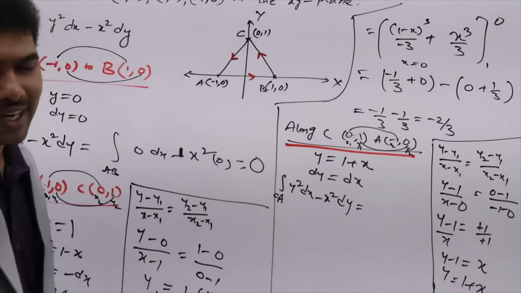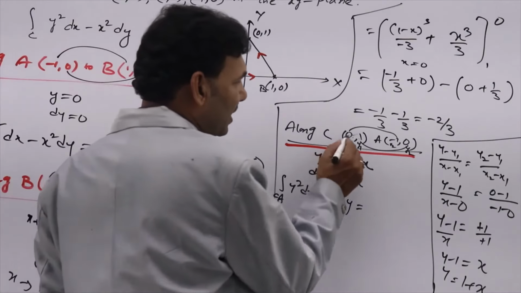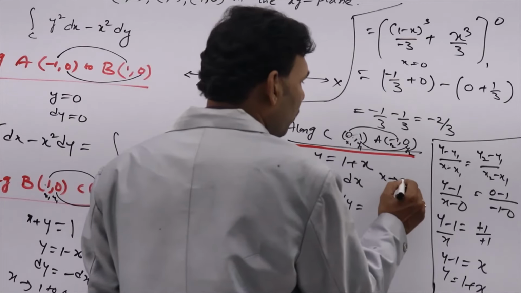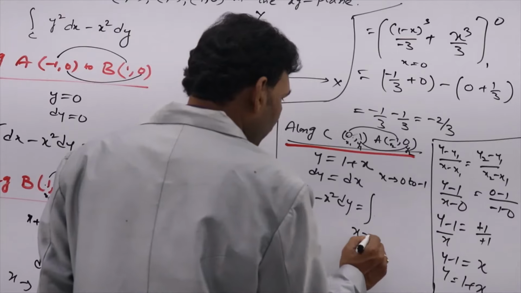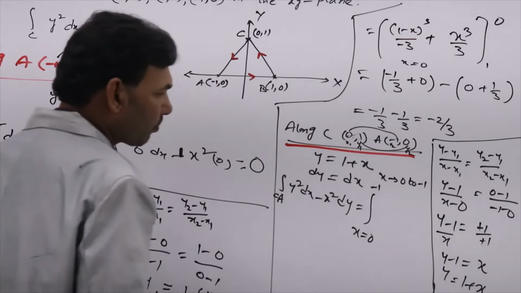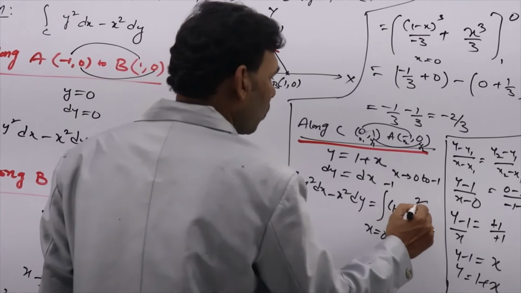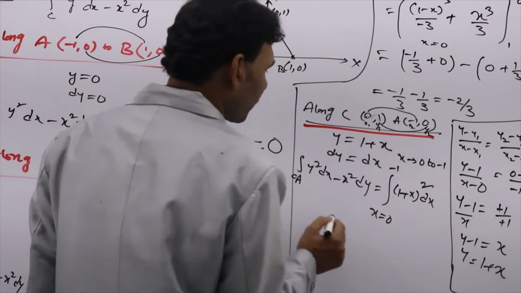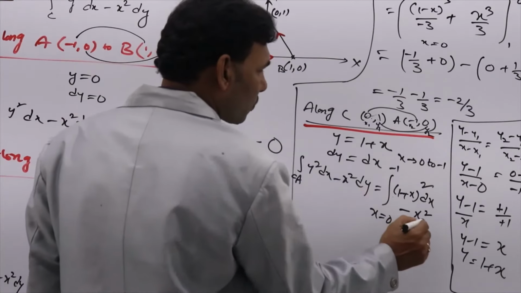We are converting the complete integral in terms of x, so we need x limits. The x limits are 0 to minus 1, so x equals 0 to minus 1. What is y? (1 plus x) whole squared dx minus x squared dy, which is dx only.